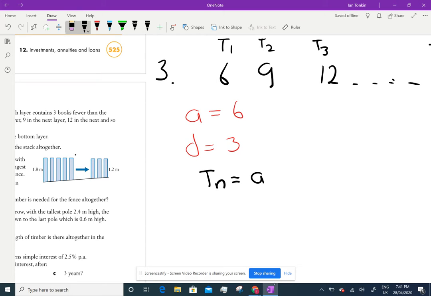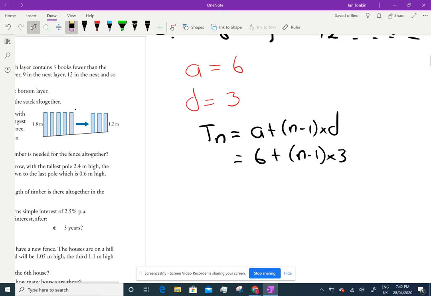And remember, that's A plus (n minus 1) times D, which is 6 plus (n minus 1) times 3. A simple multiplication: 6 plus 3n minus 3 equals 3n plus 3.